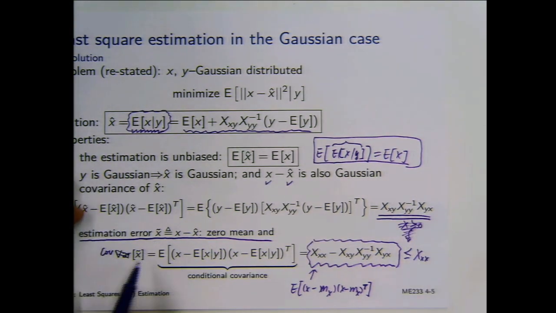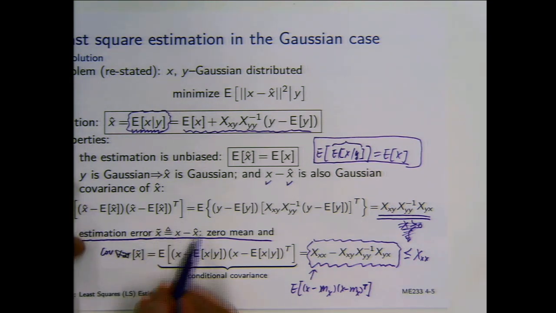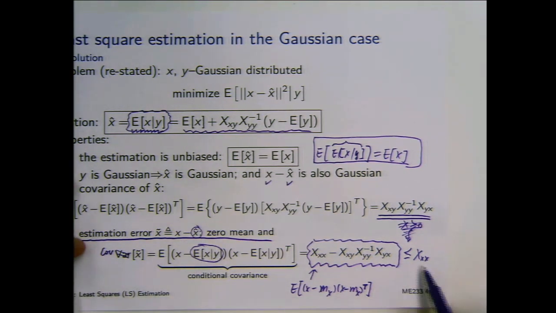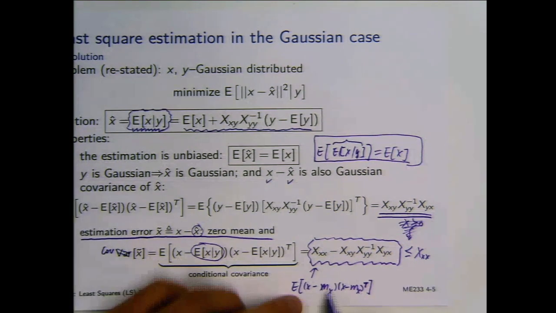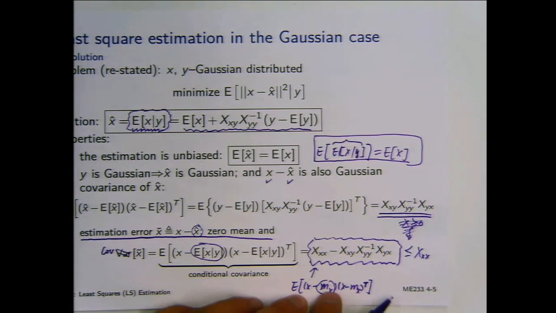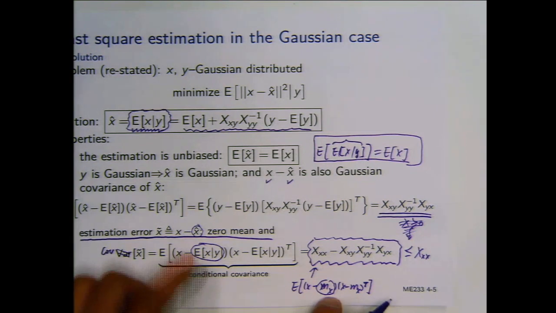That means a very important message. The estimation error, if I use x hat as my estimate, is always smaller than the error if I use the mean itself. See the message? It means taking the conditional mean is a better estimate than taking the mean itself.